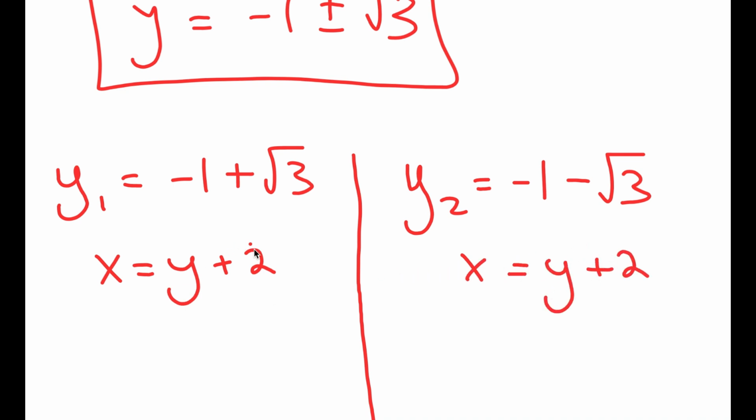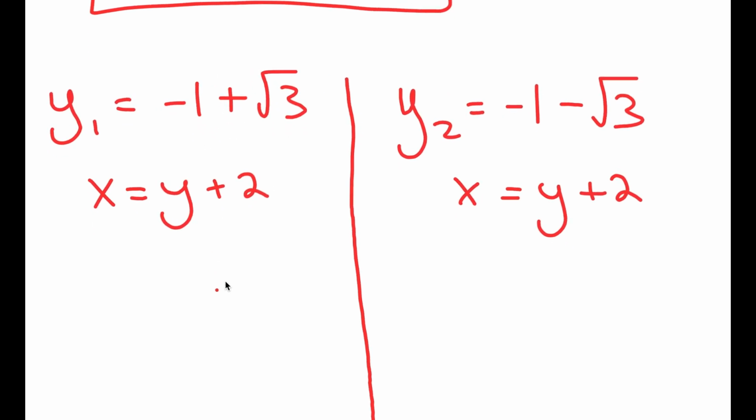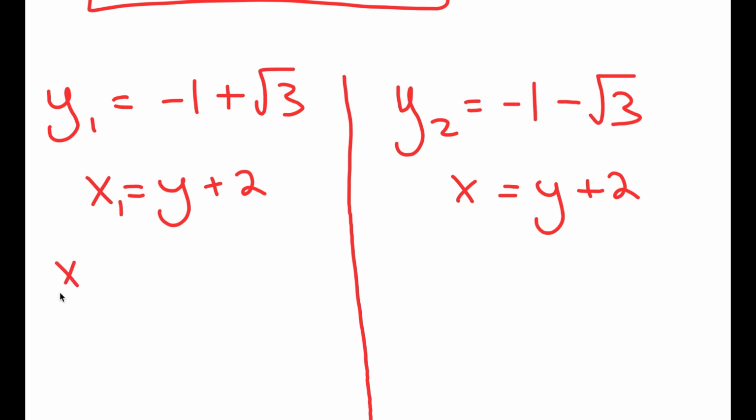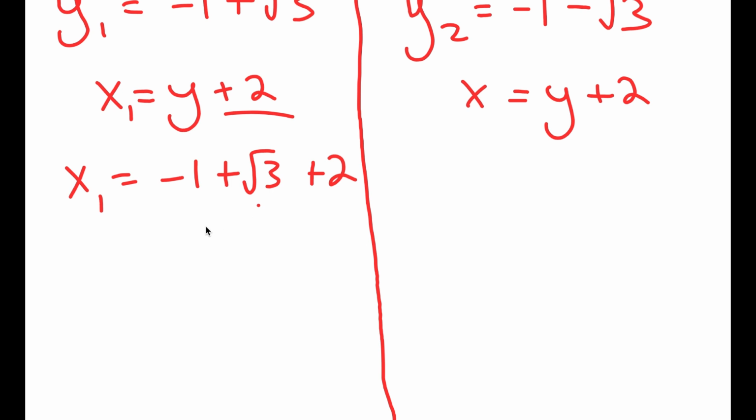So we're going to use this relationship to solve for the value of x. What I'm going to do is plug in this value of y, negative 1 plus the square root of 3. So I get x of 1 is equal to negative 1 plus the square root of 3 plus 2, because we have our plus 2 over here.